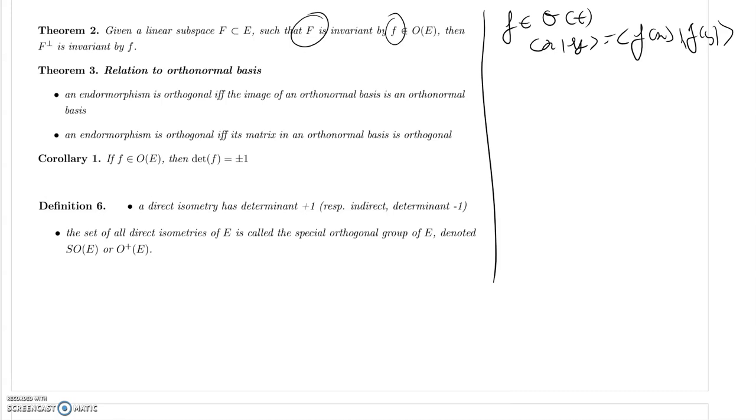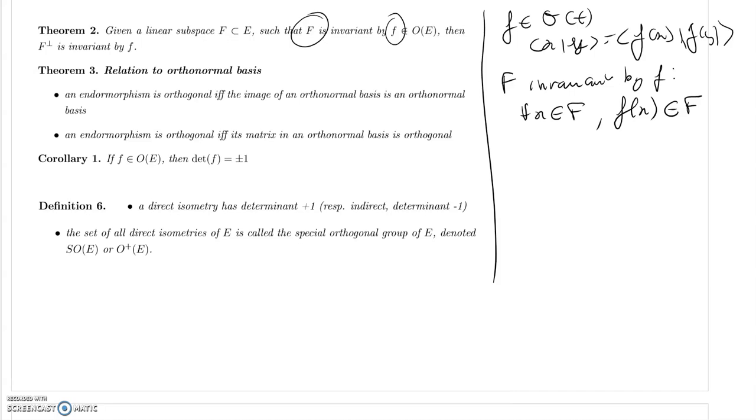Write the definition. Capital F is invariant by small f. What does it mean? It means that for all x that belong to capital F, f(x) also belongs to that space. That's what it means to be invariant.